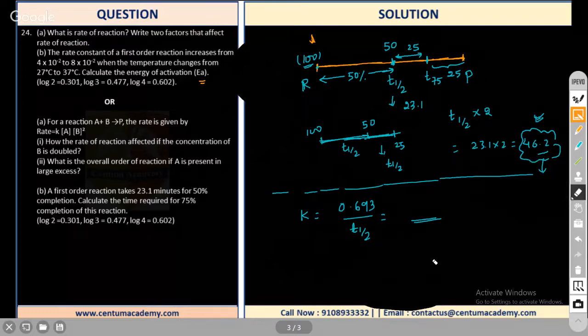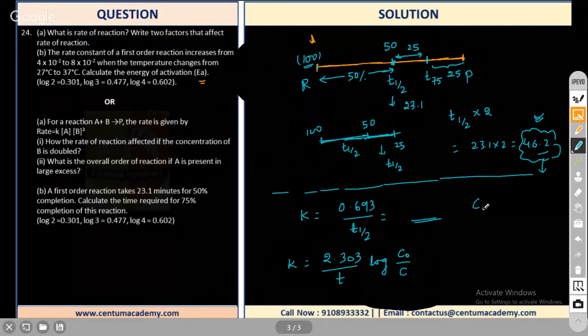Okay, so the relation of first order is what? We know for first order reaction, we can write K is equal to 2.303 divided by T into log of initial concentration C naught by C. This is the expression we have to use.